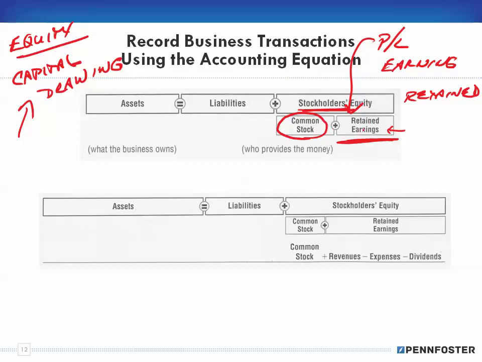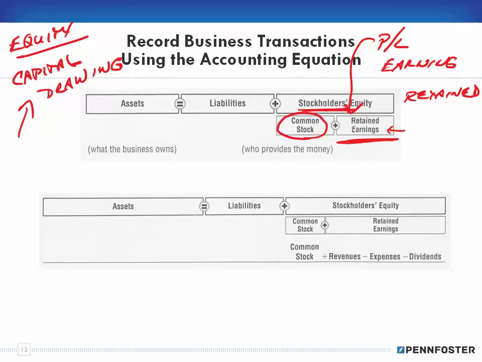That retained earnings money is used to run the business, to expand and grow, and some of it can be returned to stockholders, because there's more than one type of stock. There's also preferred stock, but that's for a later chapter in the book.